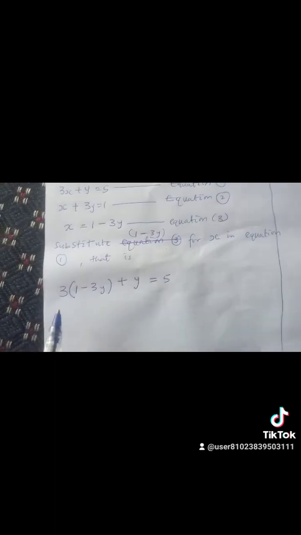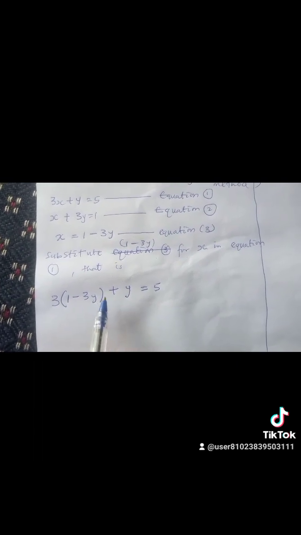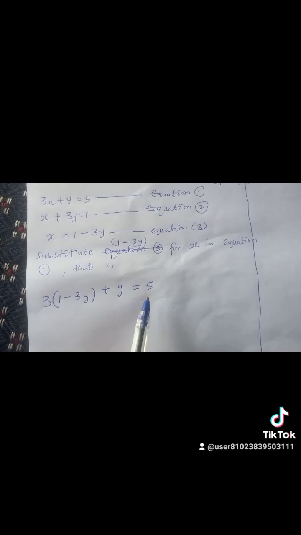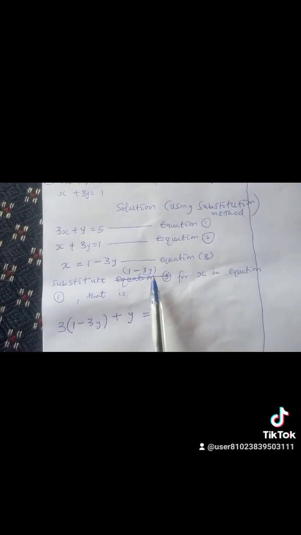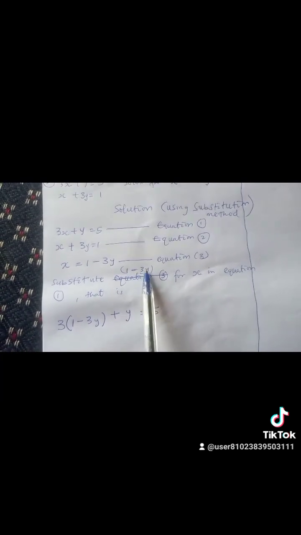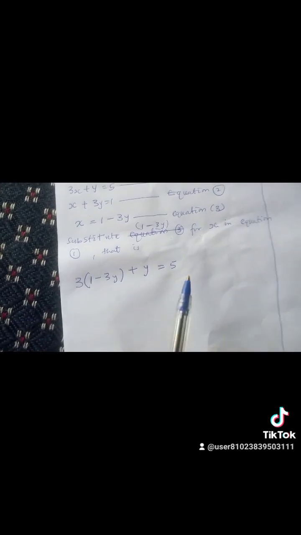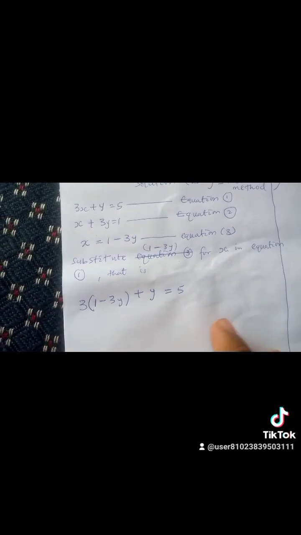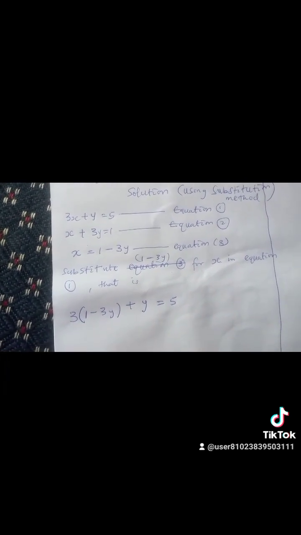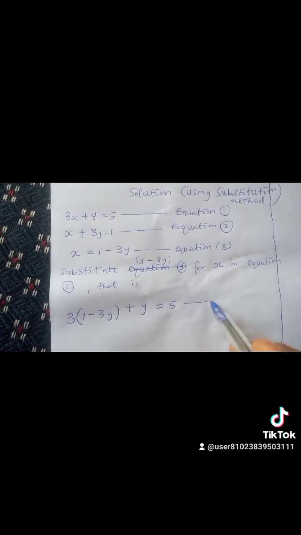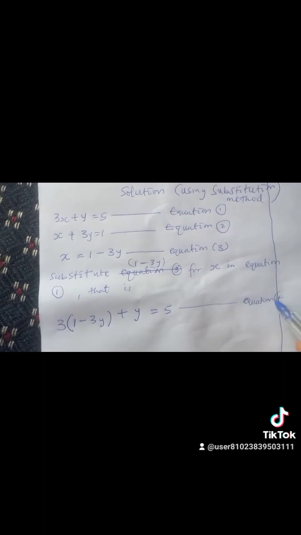Are you seeing it? x was here. Now wherever we see x, we'll put that 1 minus 3y. That's what we're having here. Now go ahead at this point and expand the equation. You can call this one equation 4.